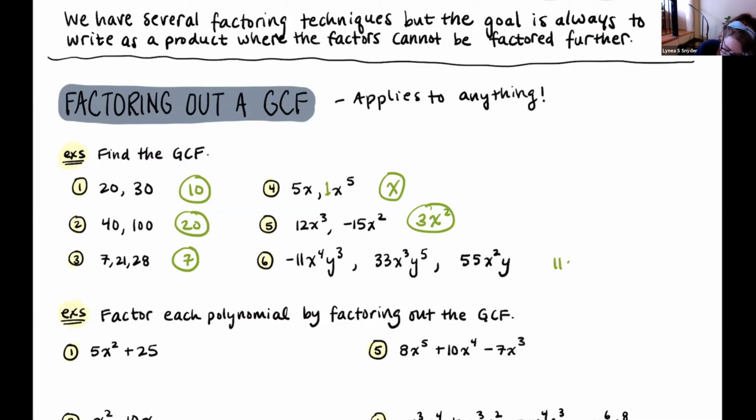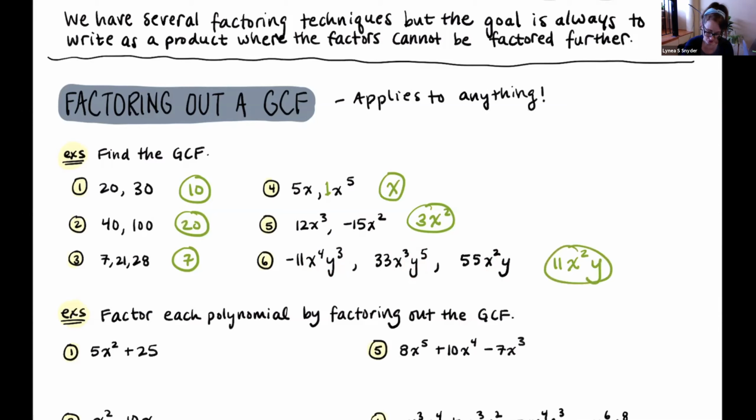We can't go higher than that because in this last piece here, we don't have any more x's to take out. Then looking at the y's, we've got y cubed, y to the fifth, and y to the first. The largest power that's common to all those is just y to the first. So here we'll have 11x squared y as our greatest common factor.